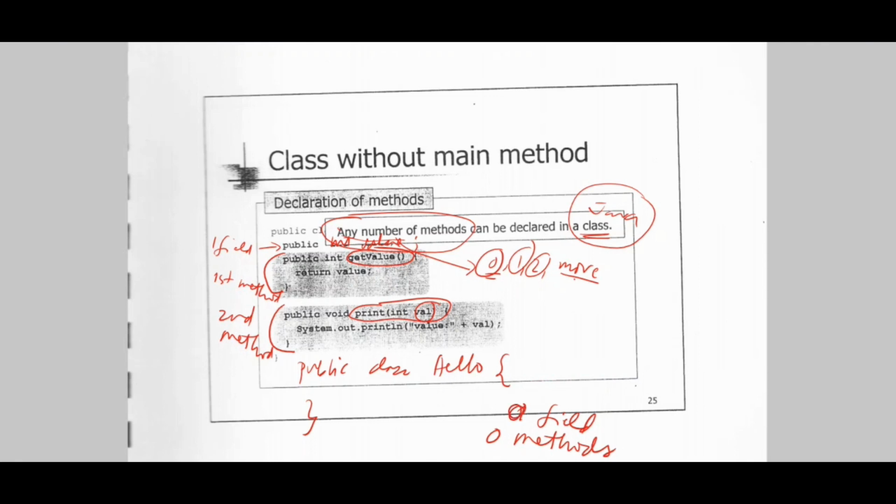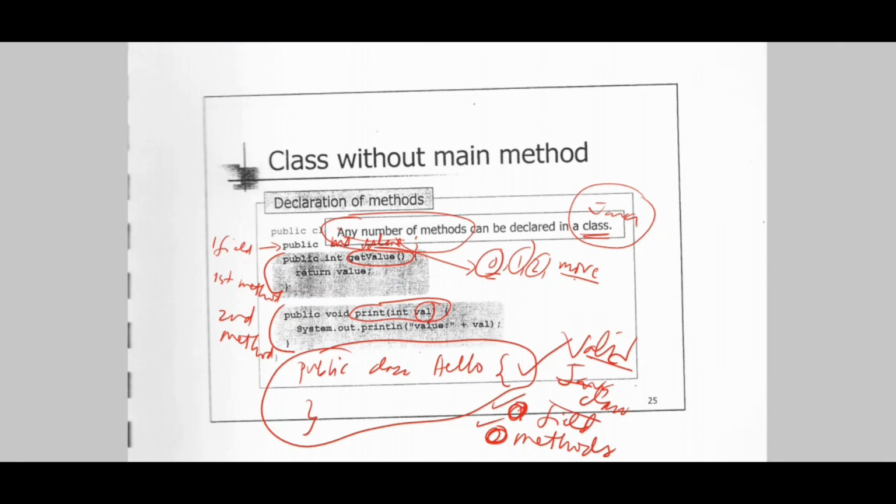The number of fields here is zero, and the number of methods is also zero. So this is a valid Java class. Okay, it has zero fields and zero methods. It is valid. It does not give you any syntax error.